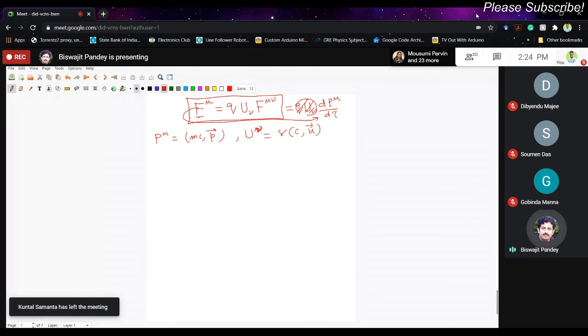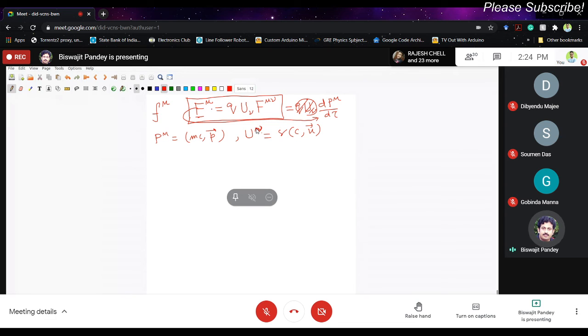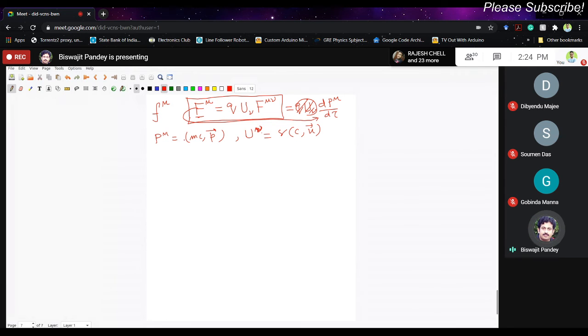Again this is the reason: using the same symbol can cause such mistakes. So if you want to be safe, you can write small f mu if you like, right? Okay, that will be safer. So dp mu d tau is basically f mu, right? So what I was trying to write, okay, let me write again: dp mu d tau is equal to q u nu f mu nu, right?